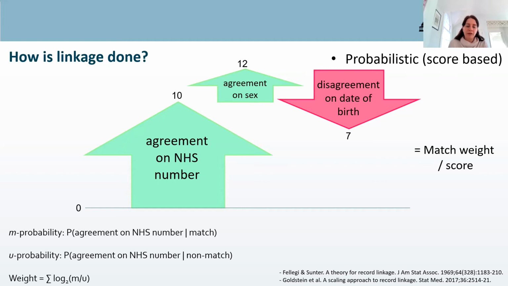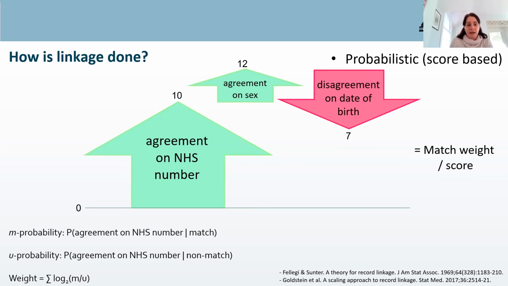And the ways that these are calculated are based on two conditional probabilities. The M probability, which is the probability of agreement on a particular identifier, given records really are a true match. And then the U probability, which is the probability of agreeing on a particular identifier by chance in records that don't belong to the same person.